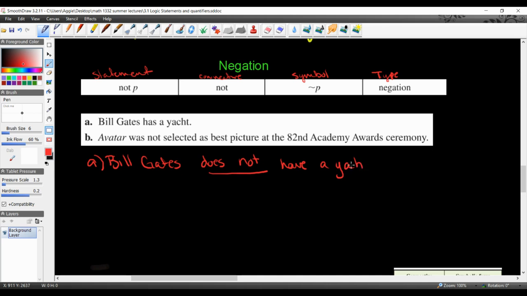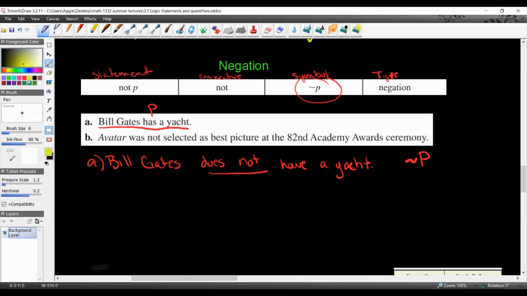Remember, we're not talking about whether this is true or false yet. We're just trying to figure out how to write these statements. So the negation of Bill Gates has a yacht would be Bill Gates does not have a yacht. If you want to use the symbol here, this right here would be P. So this represents not P. Not P has that little symbol in front, and that little symbol means you have to negate it. You have to do the opposite.